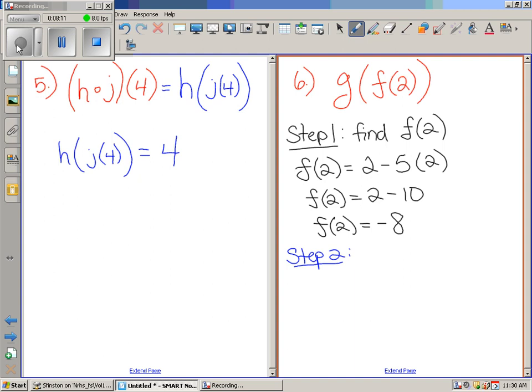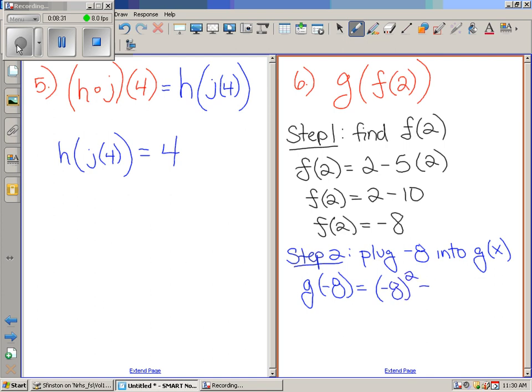Step 2, plug negative 8 into g of x. And so g at negative 8 is what? It's going to be negative 8 squared minus 16, which is 64 minus 16, which is 48.